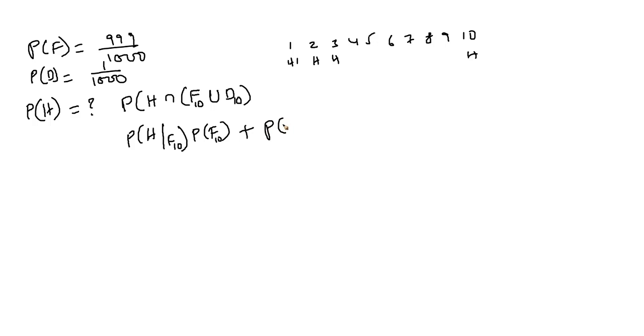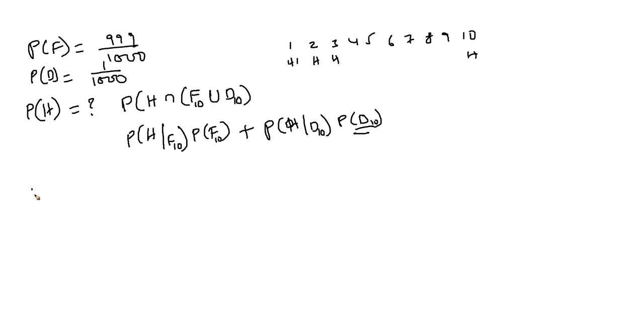Or it could be that it's a double-headed coin: probability of head given D10 times probability of D10. So our goal is to actually compute the probability of D10 after observing 10 heads. What posterior probability do you give for it being double-headed, and what is the posterior probability for being a fair coin?